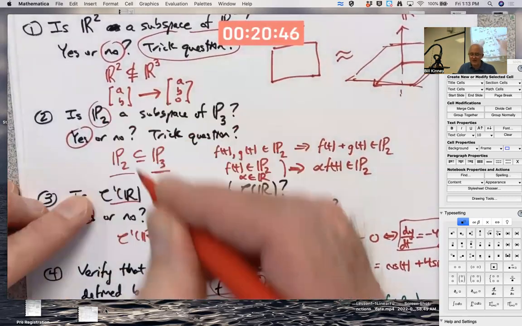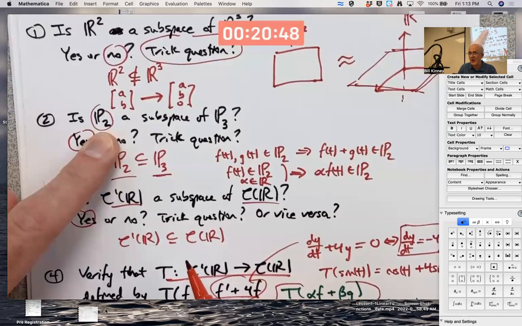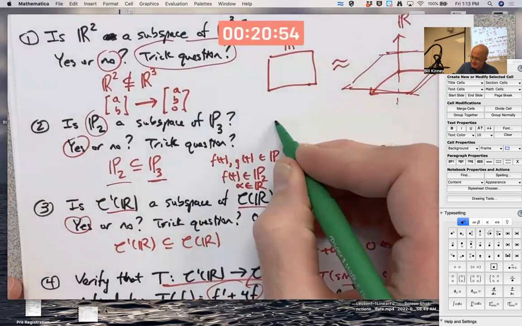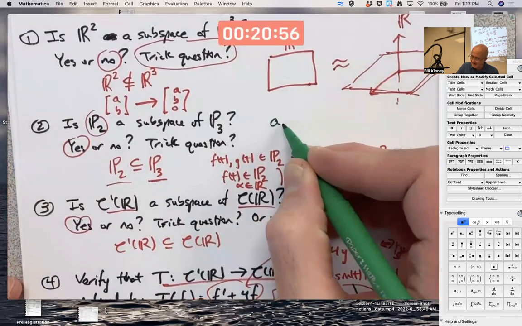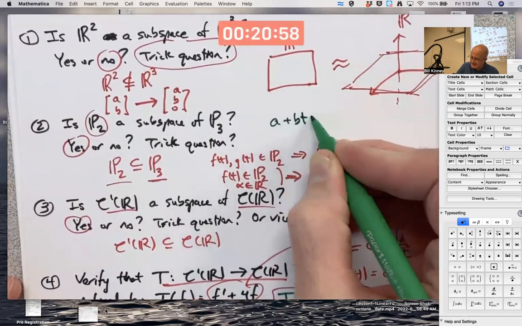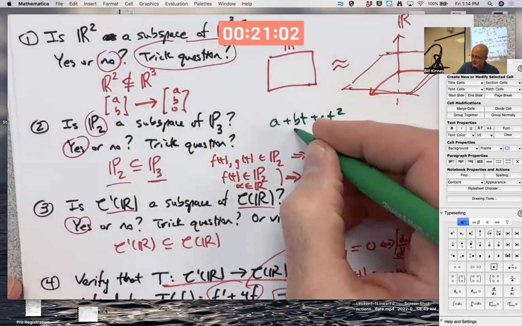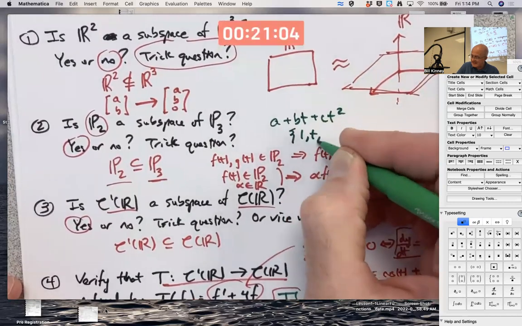P2 is all polynomials of degree less than or equal to 2. An arbitrary such polynomial is of the form, say, a plus bt plus ct squared, a linear combination of the three polynomials 1, t and t squared.